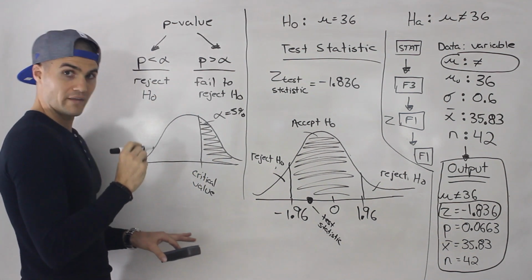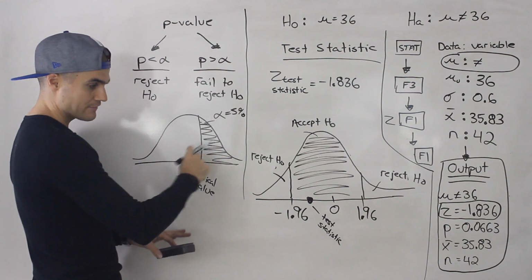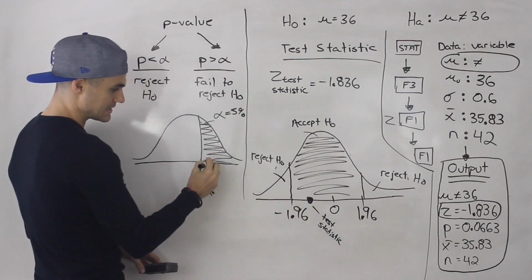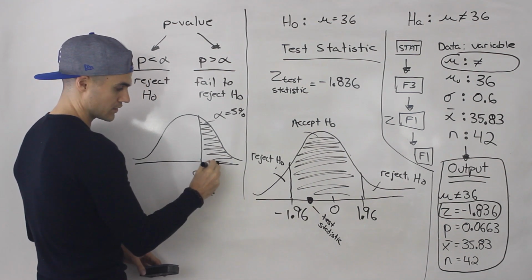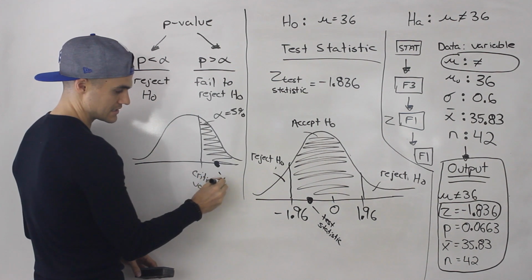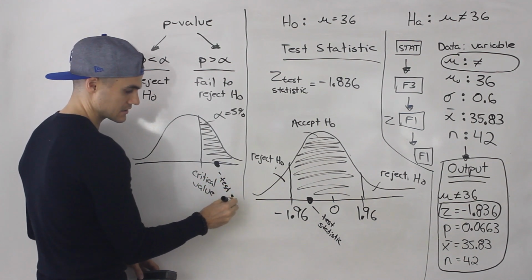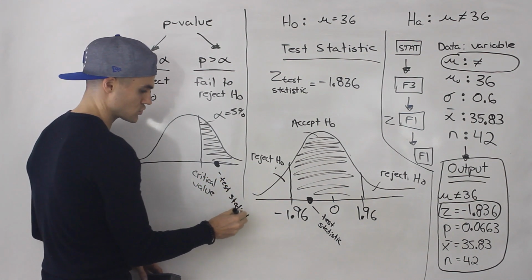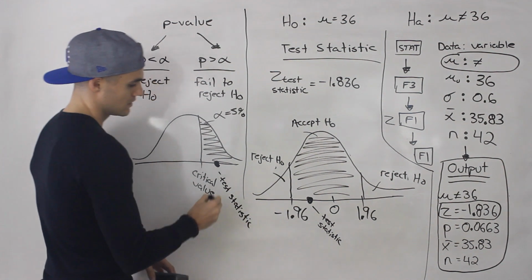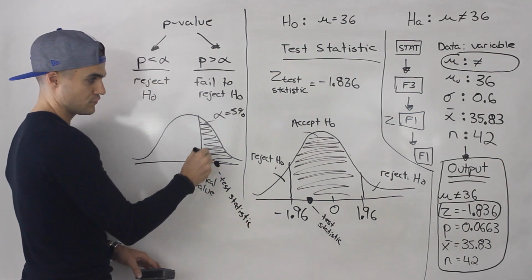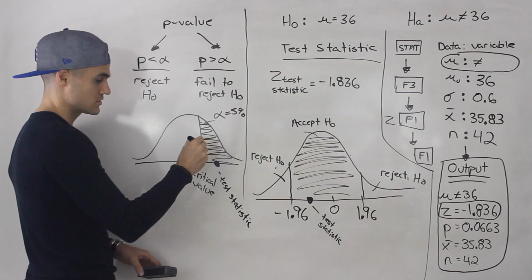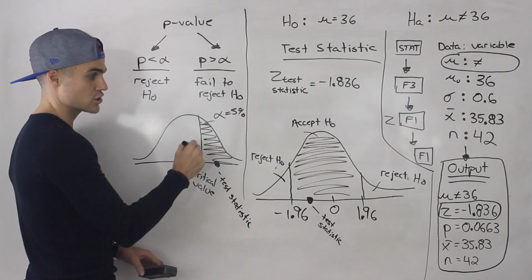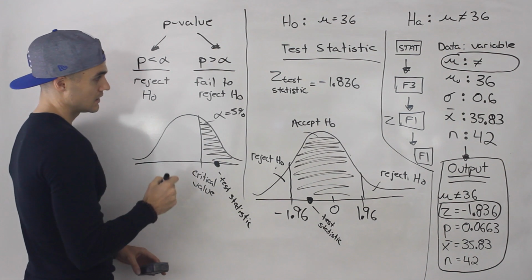Now, what the p-value is after we get the test statistic: let's say that the test statistic falls over here. So this here is the test statistic, whether that's on a z distribution or a t distribution. Let's say it just falls here, so it falls in the rejection region. So we're going to be rejecting the null.